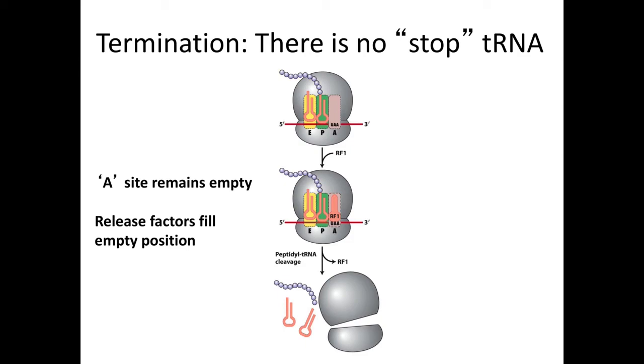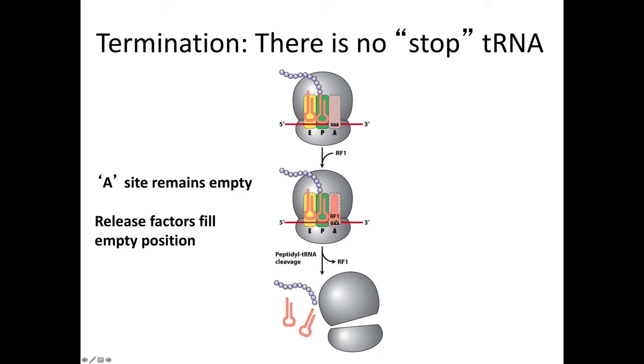When it comes to stopping, though, it's important to remember that while there is a stop codon, there is no stop amino acid, and there's no stop tRNA. So what we have here is a stop codon that now enters the A site, and instead of a tRNA coming in here, because the tRNA doesn't recognize that particular codon, another factor called the release factor, in this particular case called RF1, comes in.